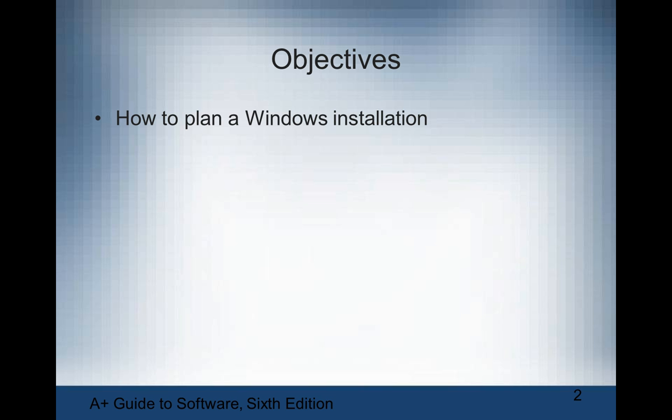The objective is how to plan a Windows installation. And there are all sorts of checks and balances about how to plan a Windows installation. Is the hardware compatible? Those kinds of things. Most hardware actually is compatible. They have this thing that used to be called the hardware compatibility list.